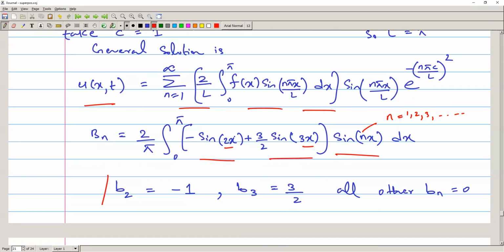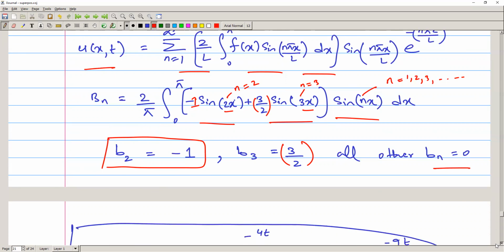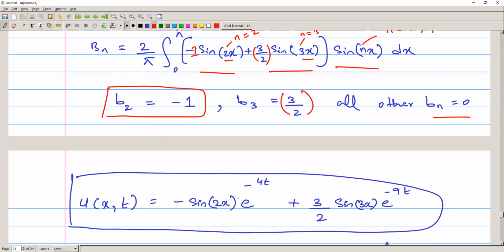So the value of b2 will be equal to -1, the coefficient of this, and for b3, n is equal to 3, while here n is equal to 2. So b3 will be equal to 3 over 2, the coefficient of this sine 3x, right? And all other bn's will be 0. So now we can write the heat equation in this form.